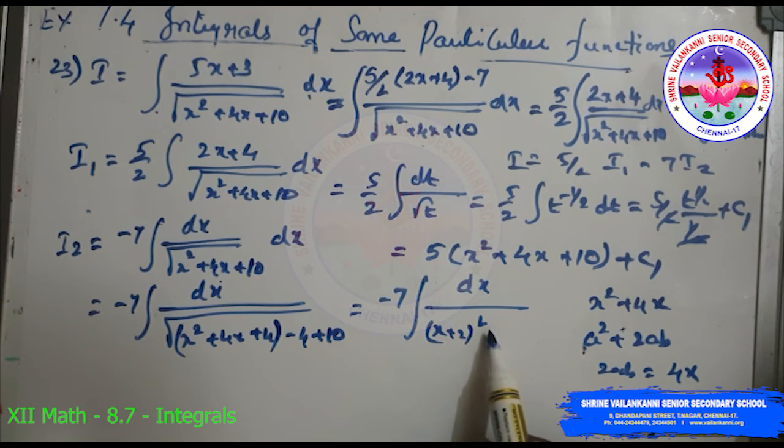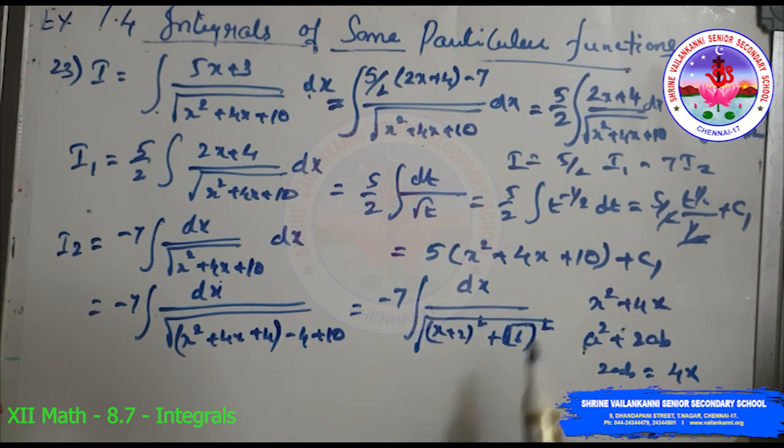10 minus 4 is 6. So we can write this as root 6 whole square. So root of (x plus 2) whole square plus (root 6) whole square.